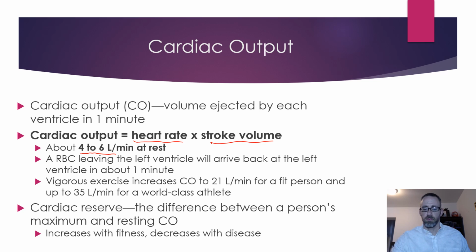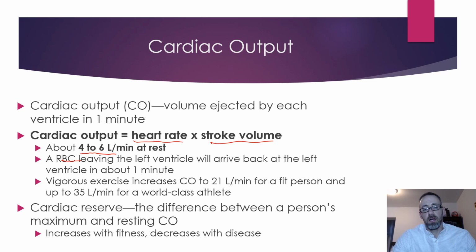Our average total blood volume is about 5 liters. Therefore, you're ejecting your entire blood volume into your systemic circulation and back to your heart in 1 minute. I like the way this was put to me once: if you had a red blood cell leaving the left ventricle, it'll arrive back at the left ventricle in 1 minute.